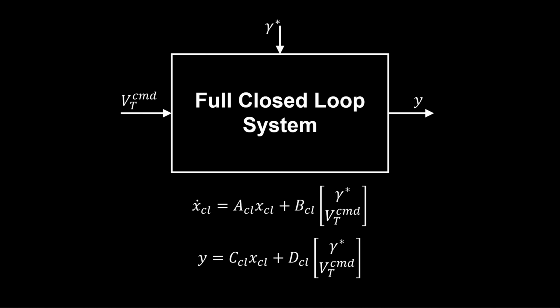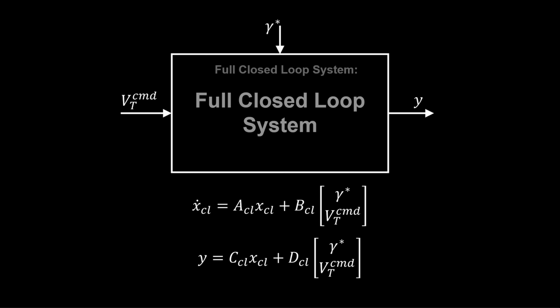We have our final result, the closed loop flare path control system. It receives airspeed command input, VT, trimmed flight path angle, and it produces the achieved altitude and altitude rate. It is represented as an LTI model, and once integrated, any state of the closed loop system can be inspected from the solution of the state equations XCL.